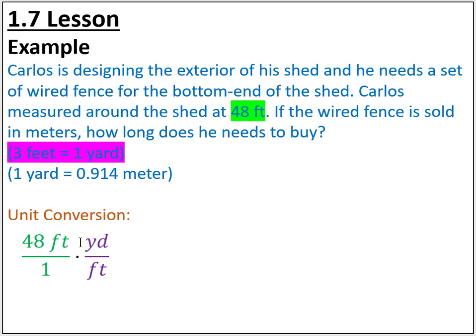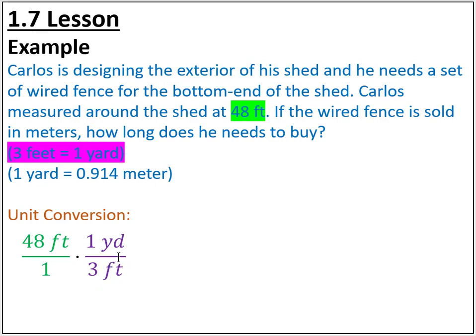So yards in the numerator and feet in the denominator. Once we establish what information we're using, we input the numbers with their corresponding units: 1 yard, so 1 is in the numerator, and 3 feet, so 3 is in the denominator.